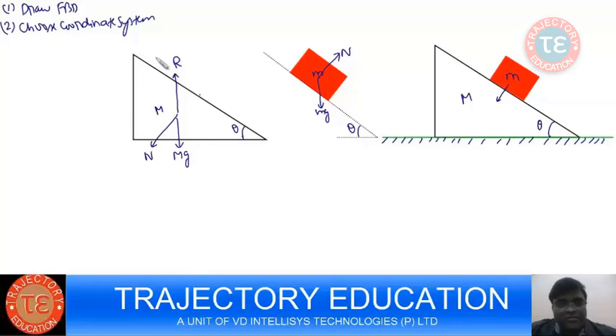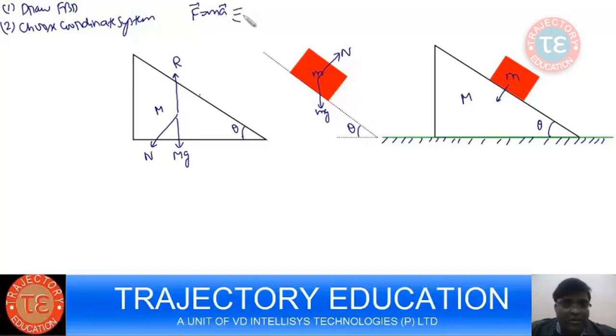You choose the coordinate system because you are not going to apply Newton's second law in vector form. You are not going to calculate the vector sum of these three forces and then apply the law.